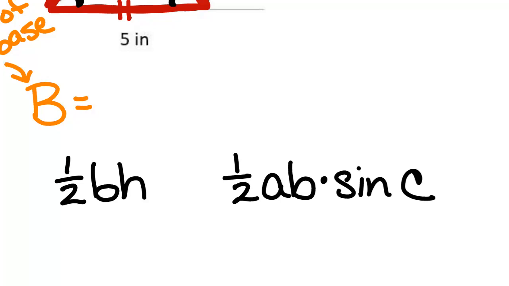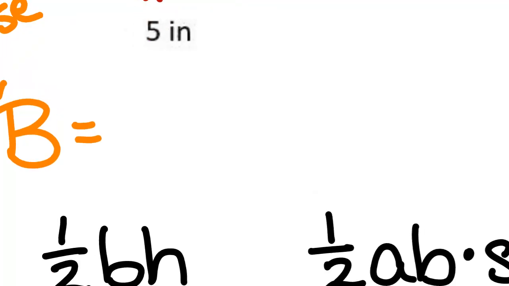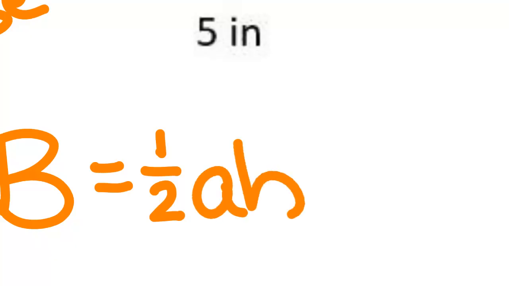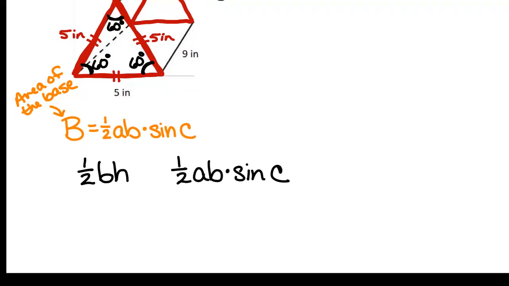To use this area formula, the 1/2 AB times sine of angle C, I need 2 sides of the triangle, not just one. And then I need the angle in between those 2 sides. Do I have that information about this triangle? Yes. So we're going to have to do the 1/2 AB times the sine of angle C to find the area of the base.